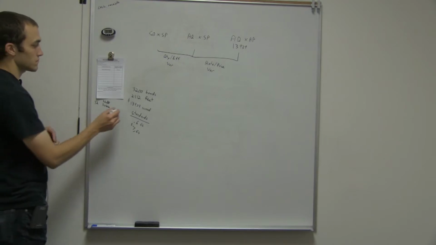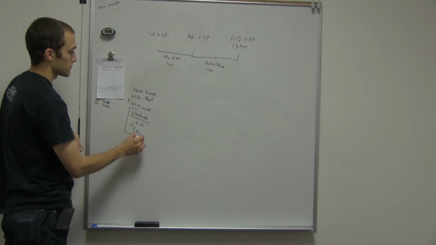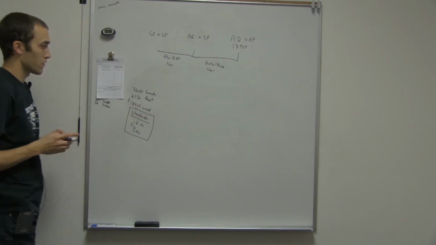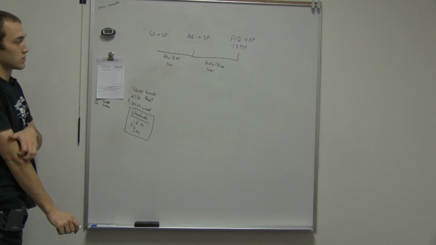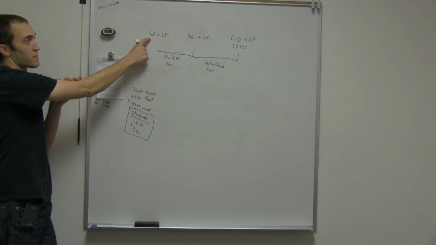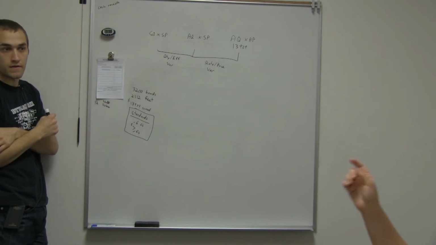Okay, so standard quantity times standard price. So wouldn't it be 3,200 times 7? We're dealing with direct materials on this one. The standard quantity is how many feet we're going to use, at 0.6, right?